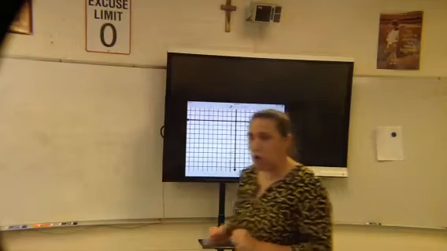I'm going to put an X because it won't let me do dots for some reason. You just put a dot. Count down 7, put a dot. This is going to be our minimum point. This is our lowest point, and it's going to shoot up from there.